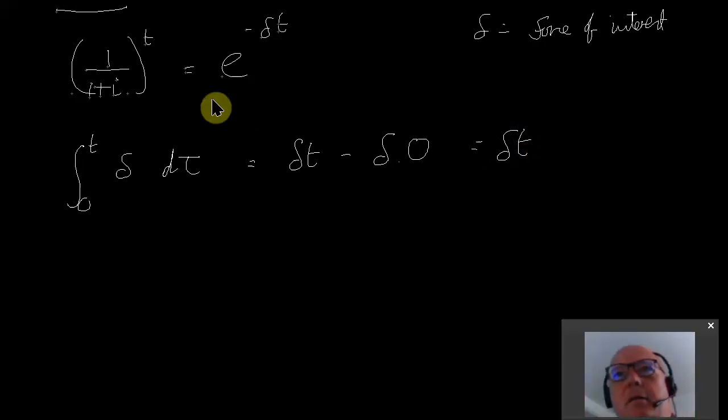And that is revealing quite a deep truism here, that we don't actually need this to be constant. This expression assumes delta is constant, but we don't need it to be constant.